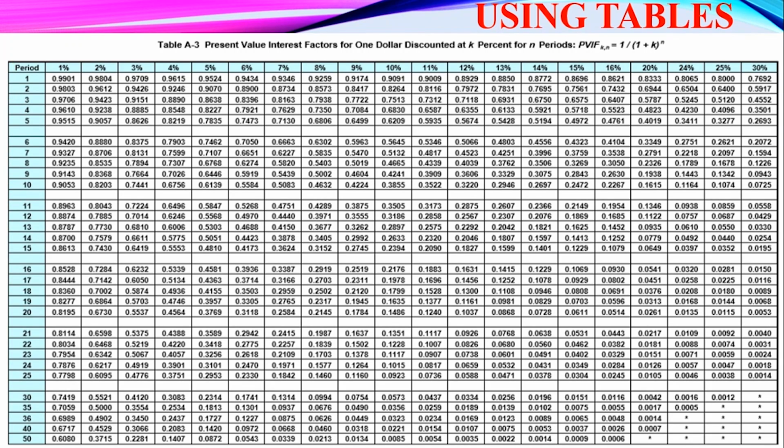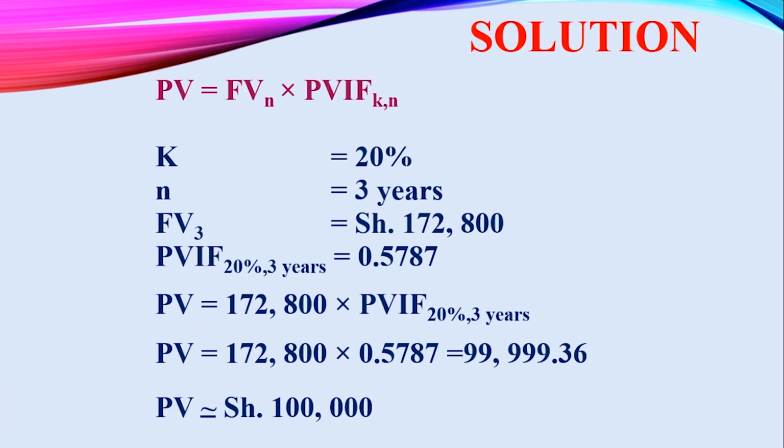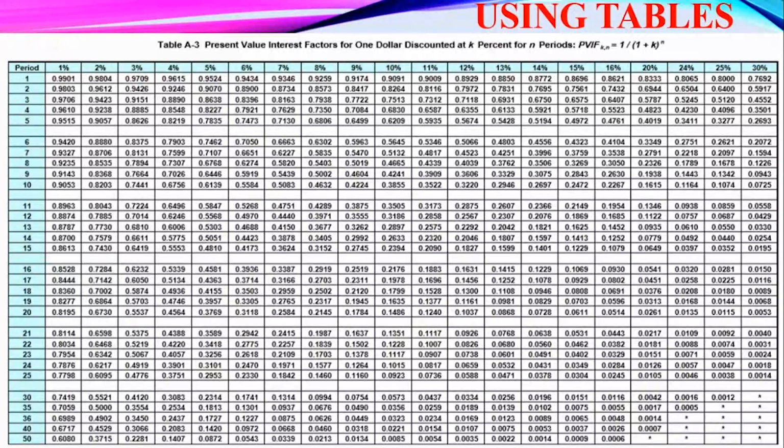Therefore, when you are reading these, we have already seen that the present value interest factor is for 20%, 3 years. So I go to my table, I check where 20% is. It is there. After seeing my 20%, I check where 3 years is. It is there. Then I check where the 2 meet.